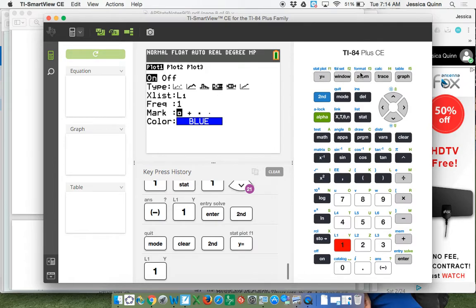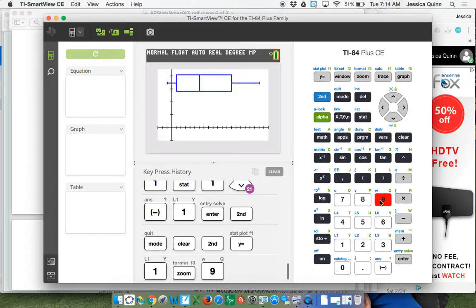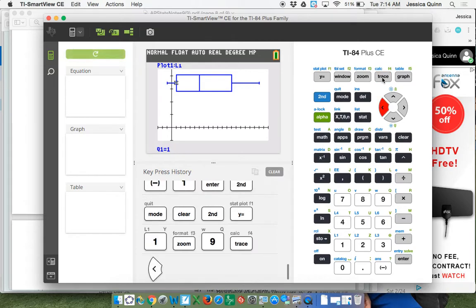If I go to zoom 9, there's the box plot that we made in class the other day. If I hit trace, the median is 6, Q1 is 1. The lowest value, that one person, number 11, had very little depression, and our highest value went up to 19. So that's our box plot.